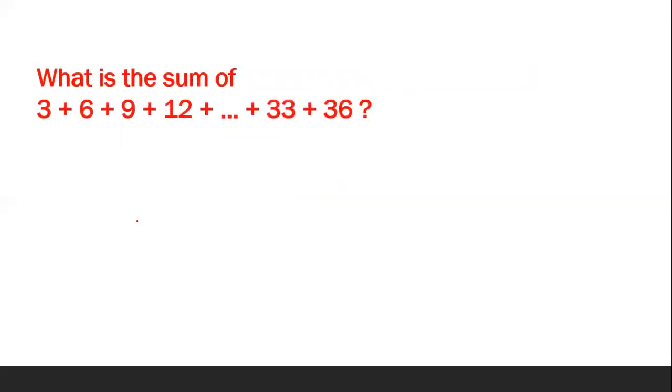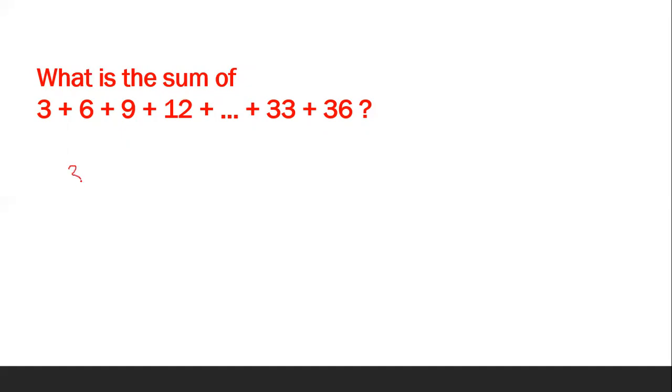Okay, the next type of question that you can find is probably this. What is the sum of 3 plus 6 plus 9 plus 12 plus and so on up to 36? As you can see, these numbers are consecutive multiples of 3, right? So you can still use the same way because these numbers are consecutively built.